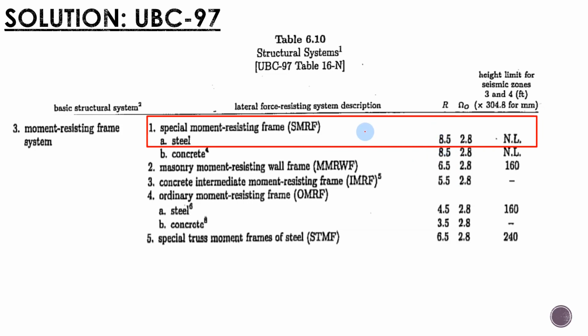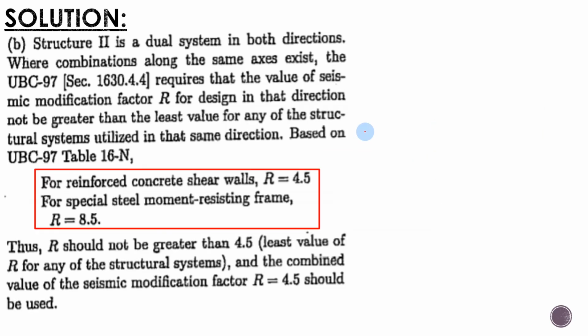Then napakita na nako tong isa ka kanina katong sa 5.5. Then for structure 2, so a dual system, no? Dual system siya in both direction. So where combinations along the same axis exist, the UBC 97 requires that the value of seismic modification factor R for design in that direction not be greater than the least value of any of the structural systems utilized in the same direction.